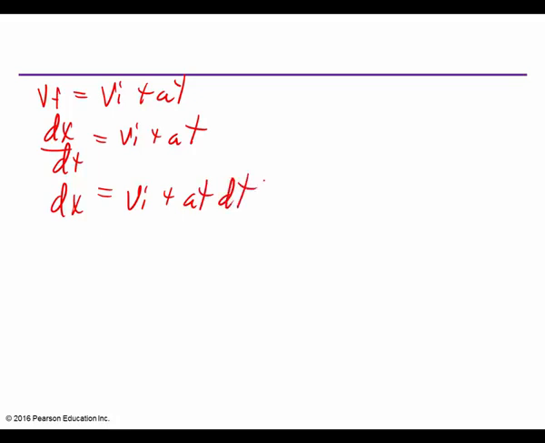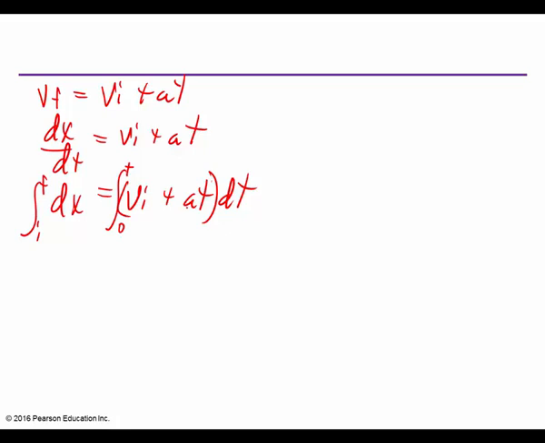Now let's integrate both sides. We take the integral, final and initial, and we integrate with respect to time, from time 0. We put this in parentheses because we're integrating it with respect to time.